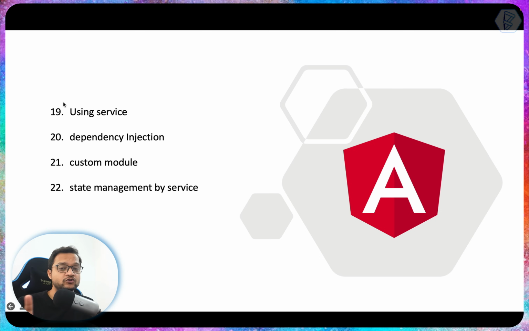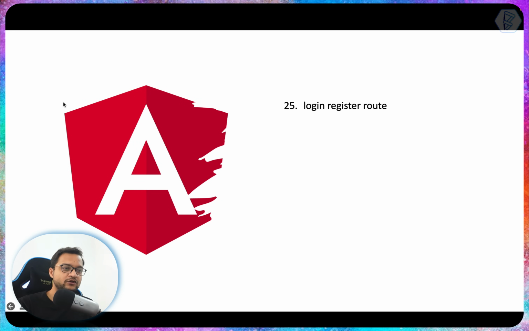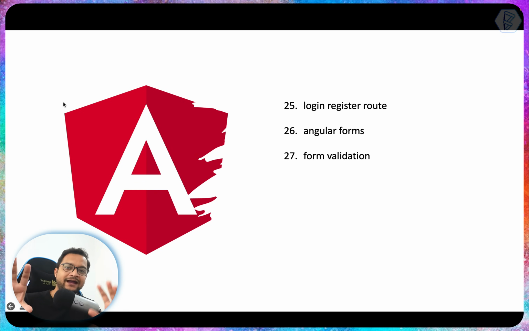Then we will see how to use the service for state management, and finally we will add routing to have different pages and navigate through them. For a better look, we will use Tailwind CSS for the styling, and after that we will see how we can create a login route and register route, and then we will use Angular forms to create a connection between the login form and the form data.